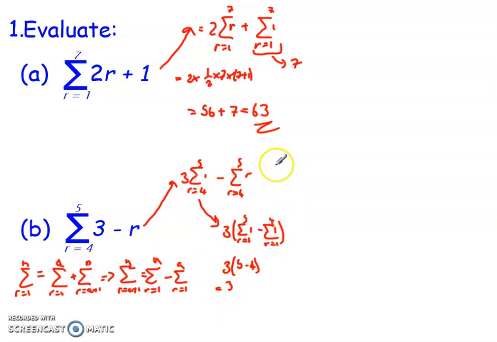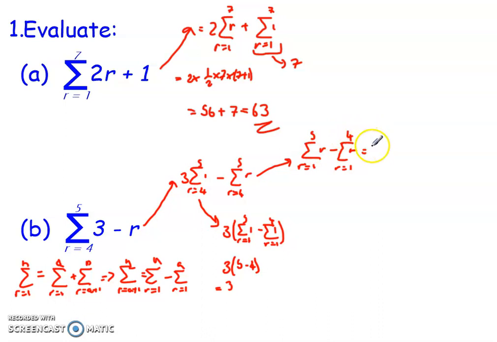Use the same logic for this second term here. So the sum from r equals 4 to 5 of r, that's going to be given by the sum from r equals 1 to 5 of r, take away the sum from r equals 1 to 4 of r. So I remember that sum from r equals 1 to n of r is equal to a half n bracket n plus 1.